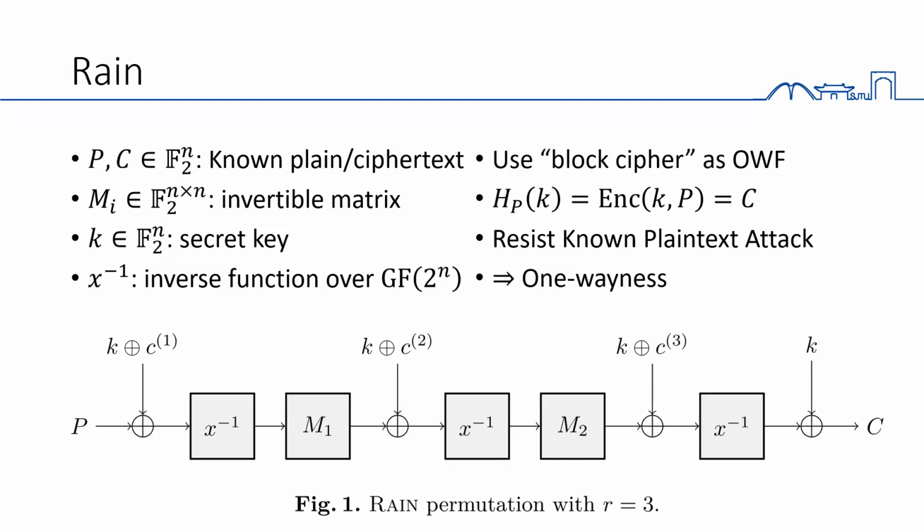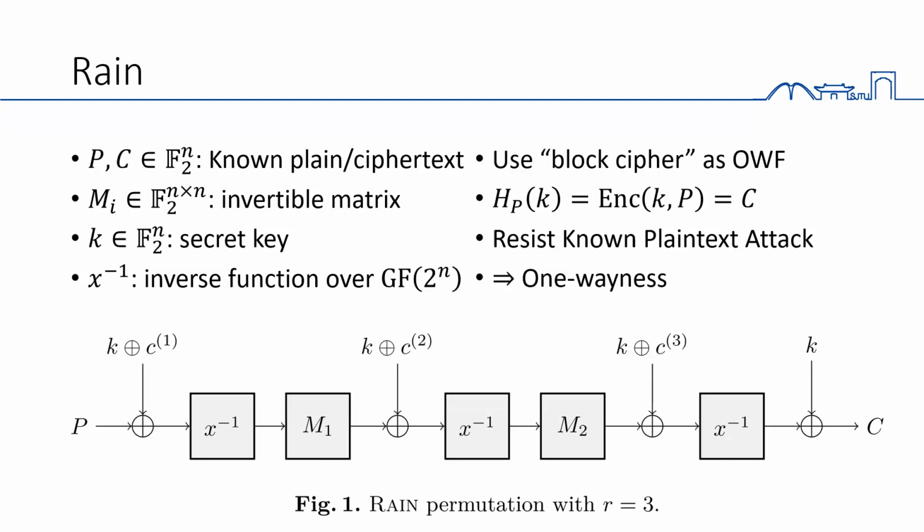So this is a typical SP network. We first add round key, then S-box, multiply by an invertible matrix, add round key, S-box, matrix multiplication and round key, and finally the output.